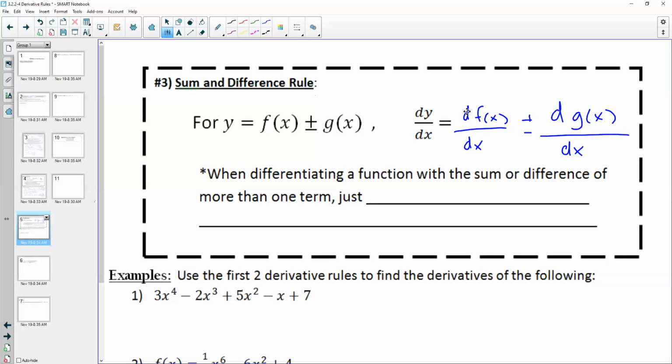So when we're differentiating a function with the sum or the difference of more than one term, just find the derivative of each term separately and keep the sign.